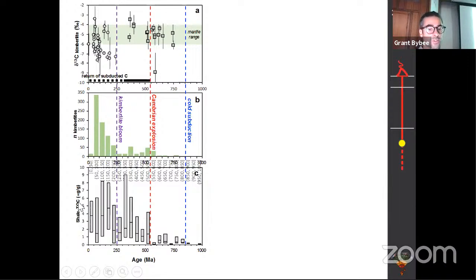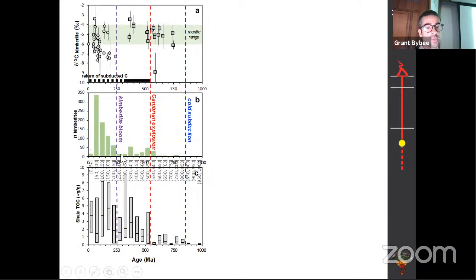And here there is total organic carbon in shales. Let's forget about these down here for a moment. So what is interesting is that when we start to see low carbon isotopic composition in kimberlites, that's also when the so-called bloom of kimberlites starts. That is at about 250 million years ago.